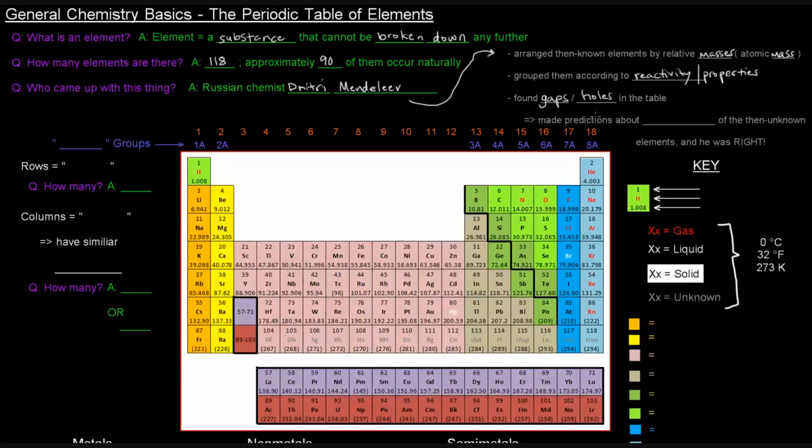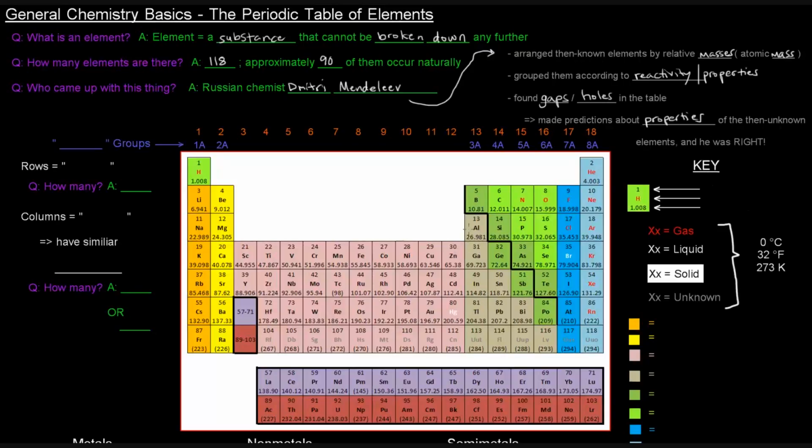But he made predictions about that unknown element, and about its properties. So the hope was that when they were discovered, they would have the properties that he predicted, and that actually turned out to be the case.